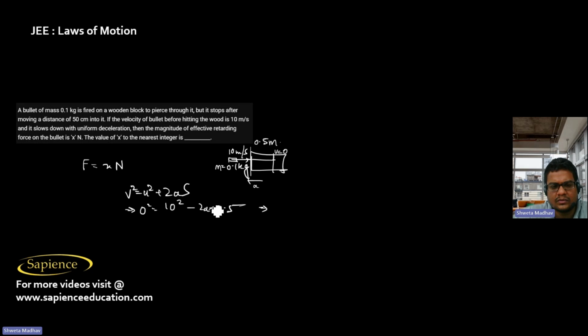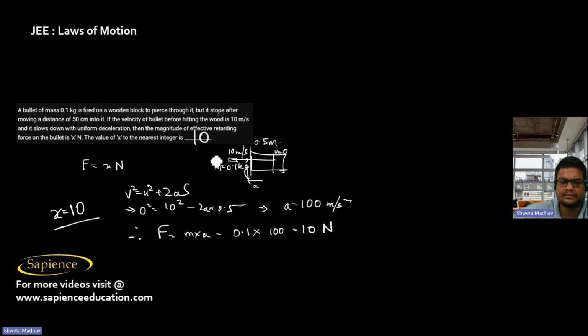Therefore 0.5 into 2 is 1, so a equals 100. The retardation is 100 meter per second square, and the effective retarding force equals mass into acceleration, that is 0.1 kg into 100, equal to 10 Newton. So the value of x is 10, and 10 is the answer.